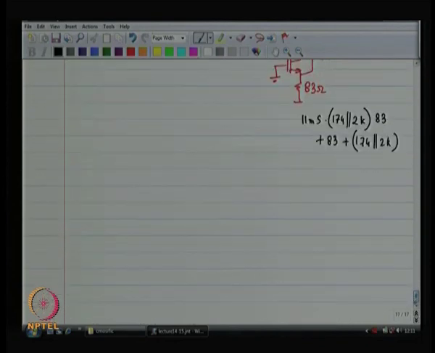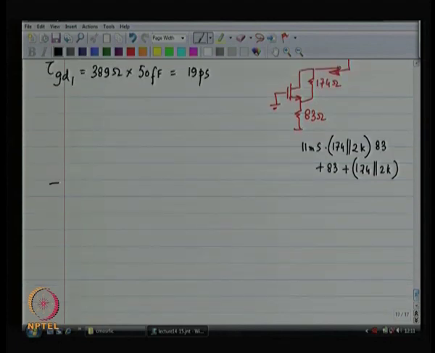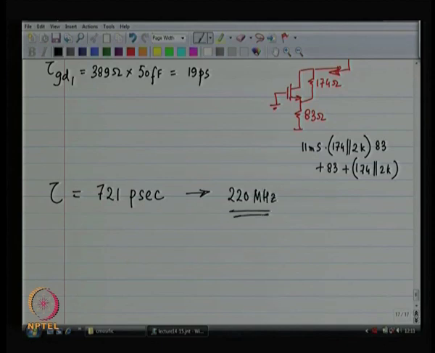So my net tau has reduced to 721 picoseconds, and that is going to give me a bandwidth of 220 megahertz. So that's quite a jump.